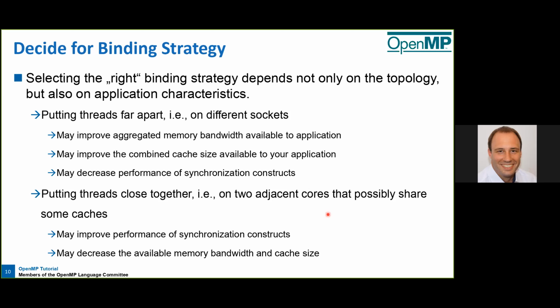However, then it would decrease performance if you need large caches or high memory bandwidth. So there's no right or wrong. You have to play with it and understand for your application what is the right choice. However, in many cases, it will be the memory bandwidth that's dominating the runtime, or that's limiting the performance of your application.